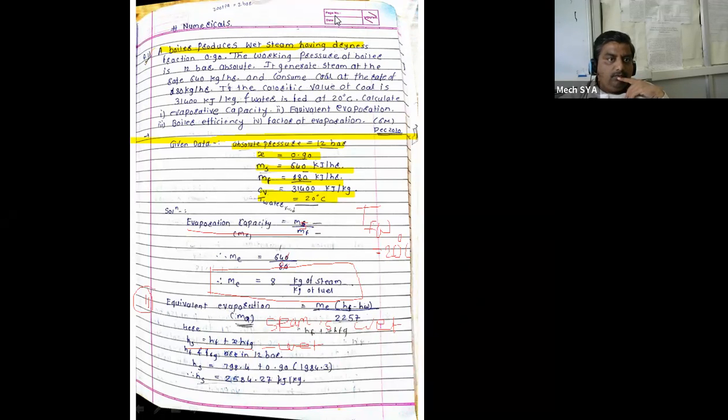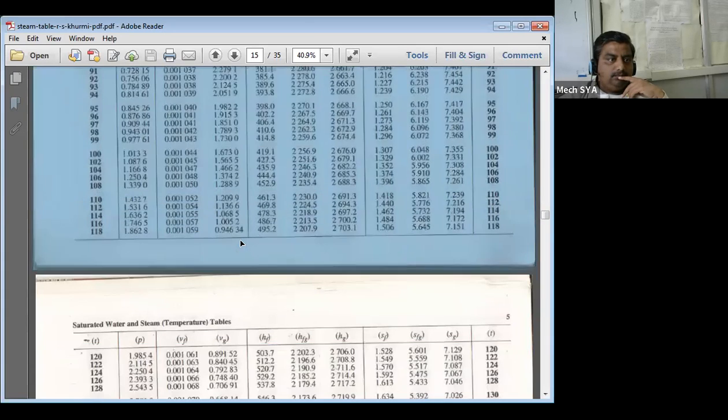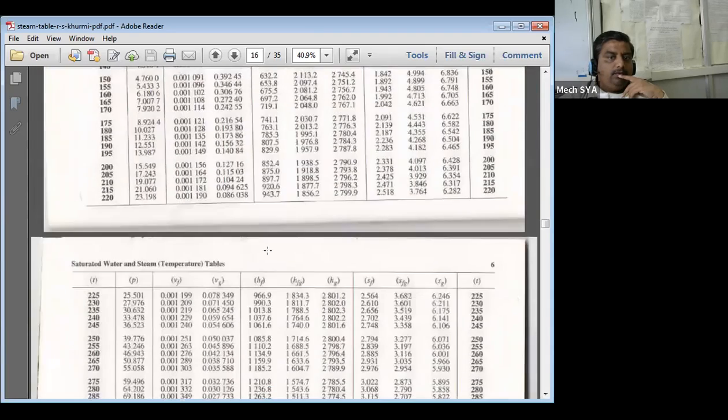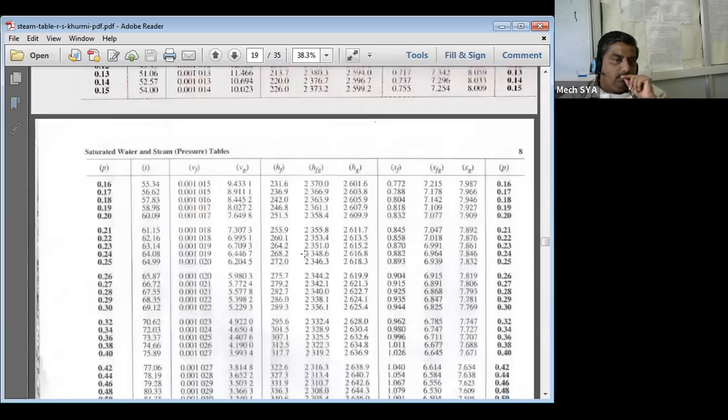So we'll go to the steam table. Table number 1 is this, and for table number 2, 12 bar pressure we have to go for.